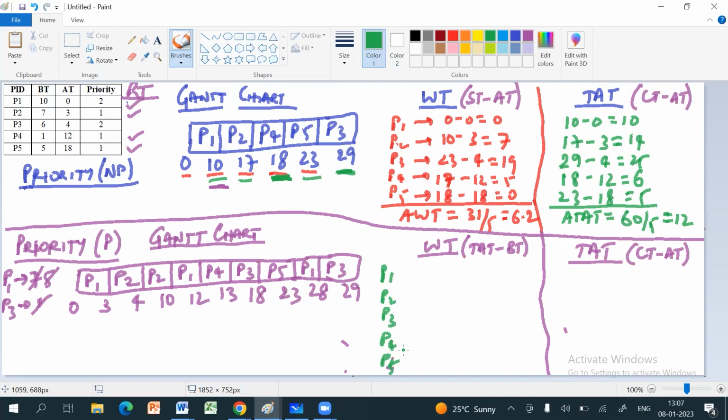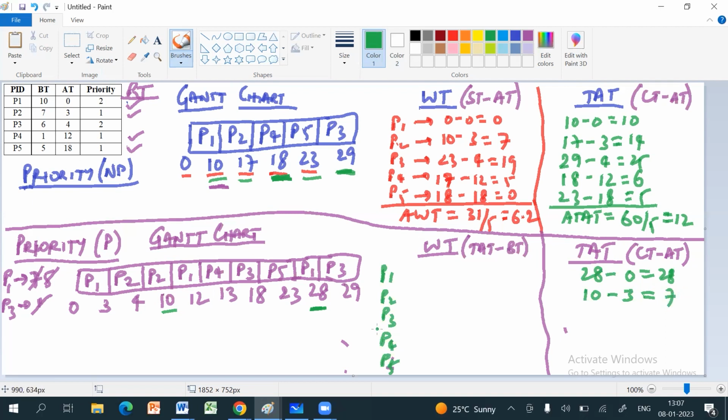Okay, so P1 turnaround time, P1 completed at 28. So that would be 28 minus the arrival time, that is 0, which is 28. Then followed by P2. P2 completed at 10. There's no more instance after that. So 10 minus its arrival time 3 comes to 7.